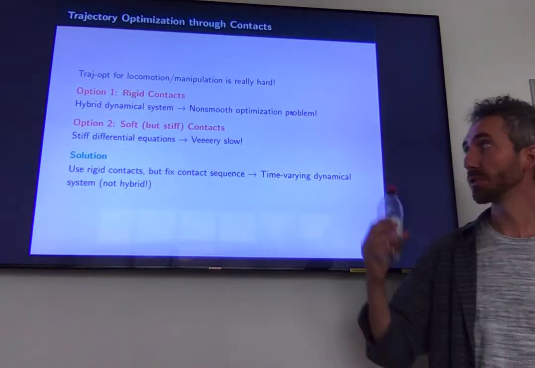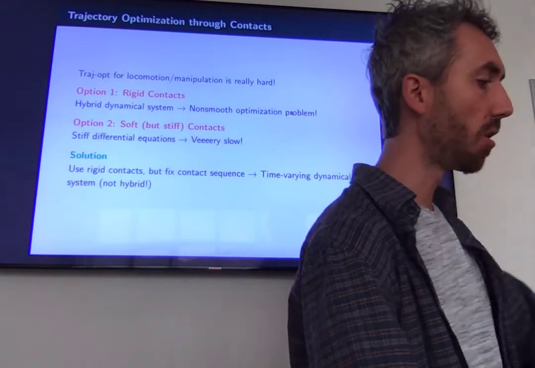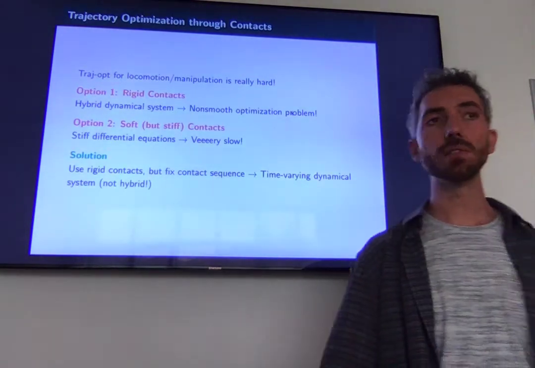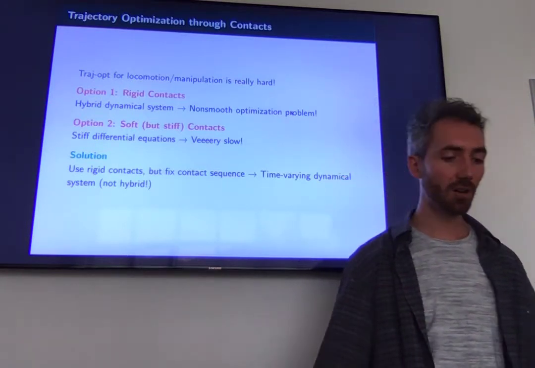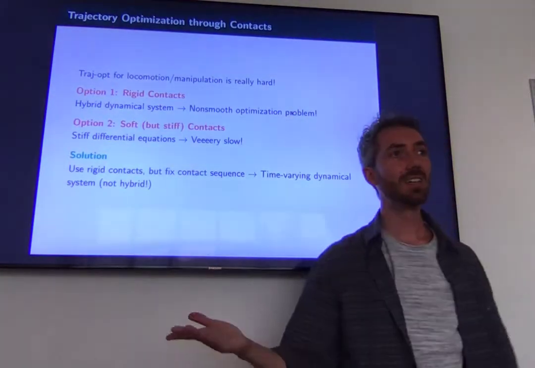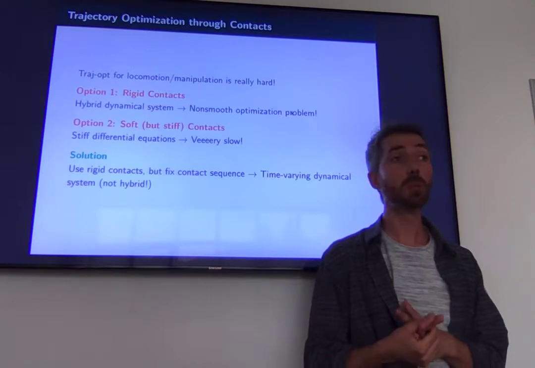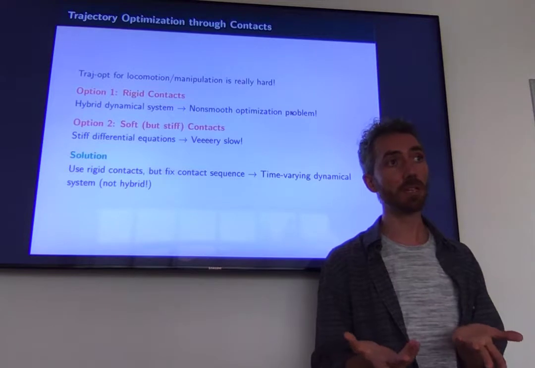And if you also use your imagination to think of cases that go beyond walking on flat ground, like uneven terrain or climbing, you have infinitely many options when it comes to the choice of which contacts you can make.